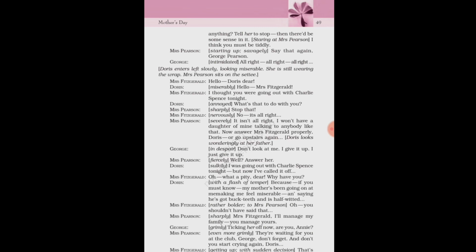Mrs. Fitzgerald, oh, you shouldn't have said that. Mrs. Pearson, Mrs. Fitzgerald, I'll manage my family. You manage yours. George, taking her off now. Are you, Annie? Mrs. Pearson, they are waiting for you at the club, George. Don't forget, and don't you start crying again, Doris. Mrs. Fitzgerald, that's enough, quite enough.